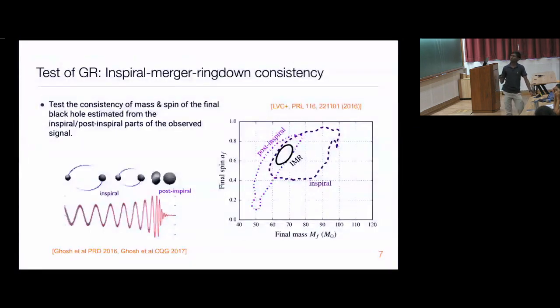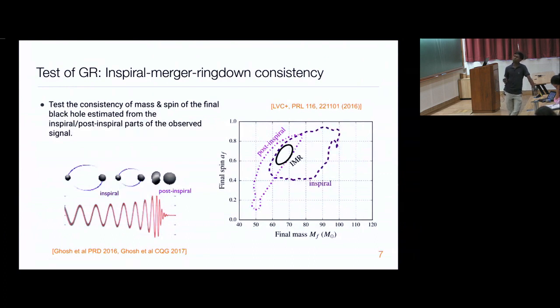One project we explore is a test of general relativity called the inspiral-merger-ringdown consistency test. This is the signal we expect from a merging binary black hole. While the black holes merge, it undergoes different phases: first they inspiral around each other, then finally they merge and ring down. So we can divide the entire signal into 3 parts: inspiral, merger, and ringdown.